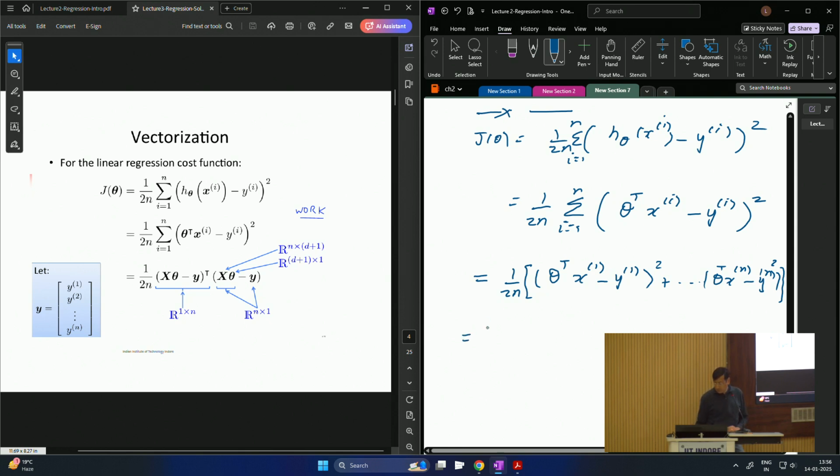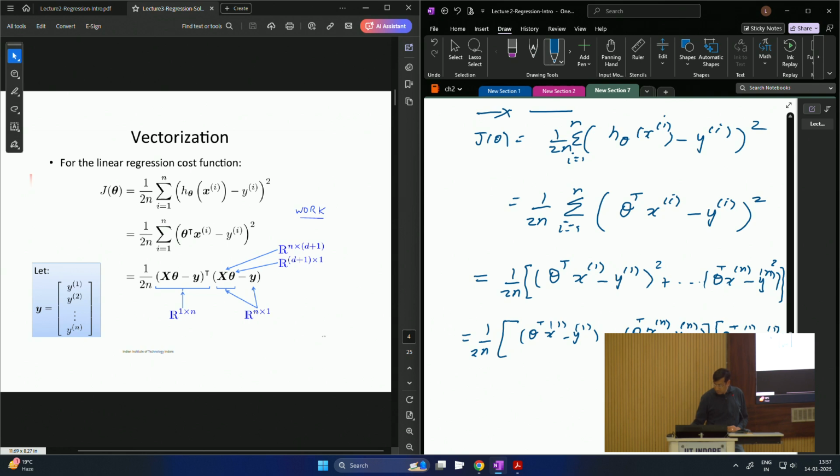But I could also write this as 1 over 2n, theta transpose x1 minus y1, one element, then all the way till theta transpose xn minus yn, the last element, one vector, and then I put a column vector theta transpose x1 minus y1 all the way till theta transpose xn minus yn.